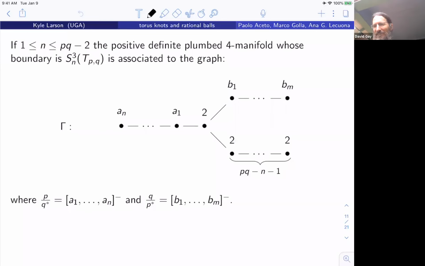Catch some of the chatter. Akram, hi. Yes, now I can hear you.